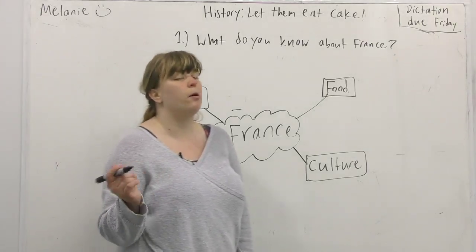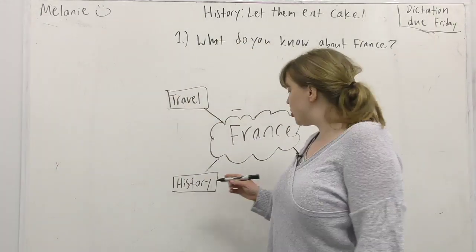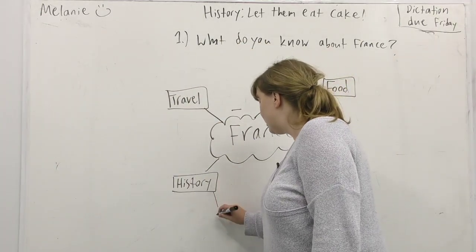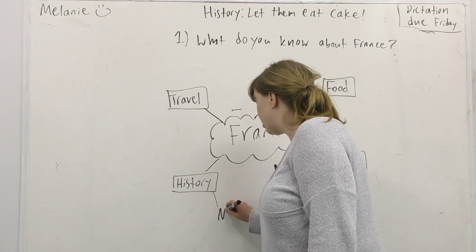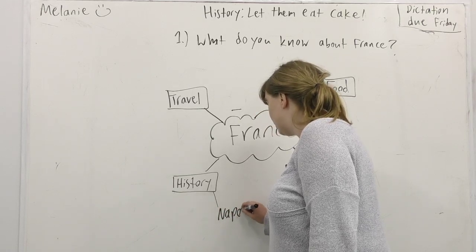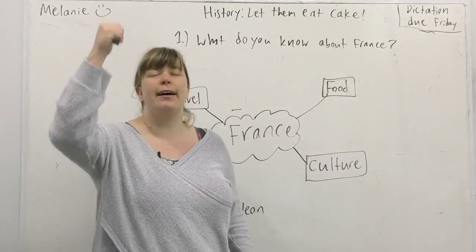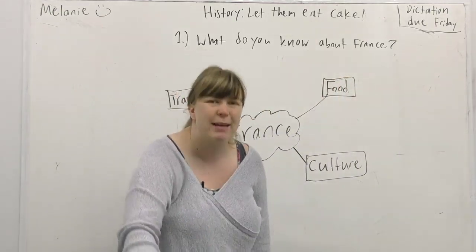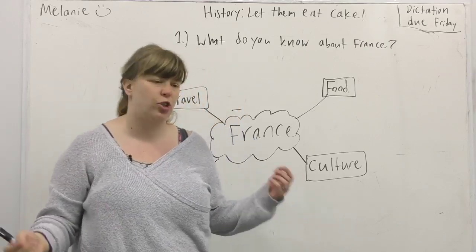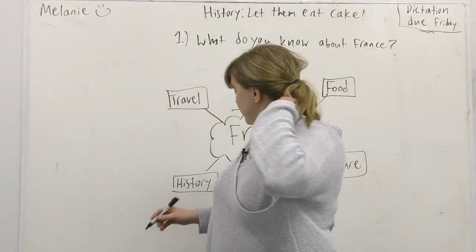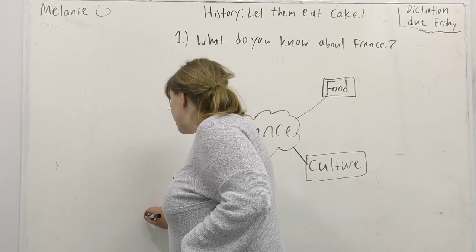So, for example, French history. What about Napoleon? Oh, Napoleon Bonaparte. Napoleon, the angry army general, depicted as being short, but apparently he wasn't that short. What's another one? Revolution.